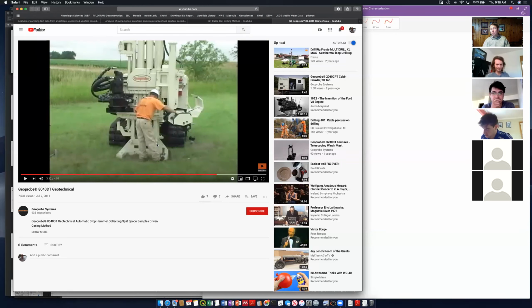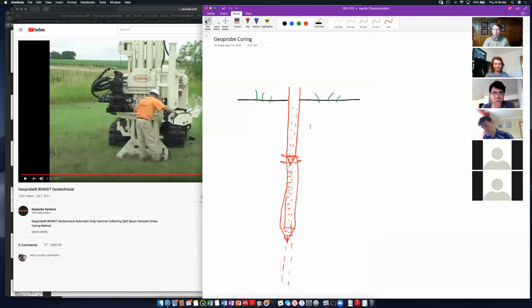So for the GeoProbe, the way we case is that, like I was talking about before, here's our drill stem. These drill stems are designed so that you can fit, say, a 1-inch or 2-inch PVC piece of pipe down inside your drill stem. So you put your casing in here. This is going to be, say, 2-inch PVC casing. And you might have it screened over, say, this interval.